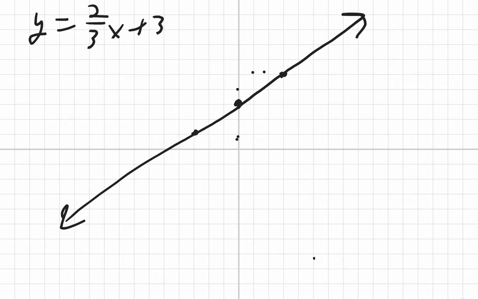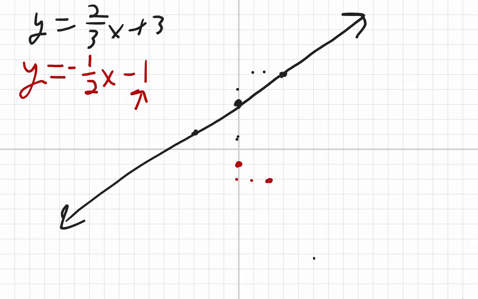Alright, let's do another one with a negative slope. Let's say I've already solved for y and put it in slope-intercept form, and I have y equals negative 1/2 x minus 1. So the y-intercept is negative 1. Right there, that's my y-intercept. And my slope is negative 1/2, so I go down 1 over 2, make a point.